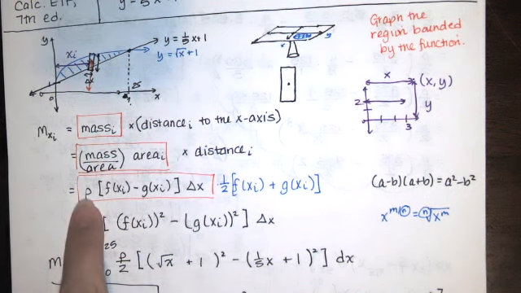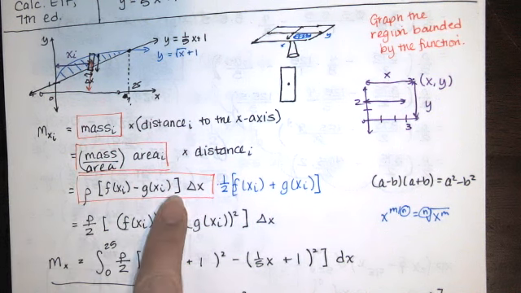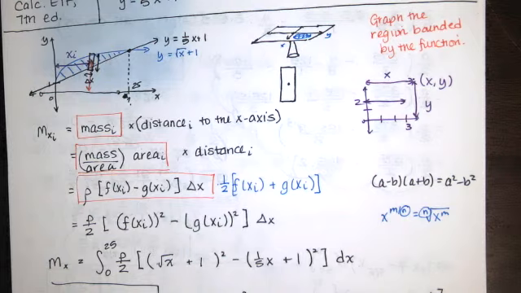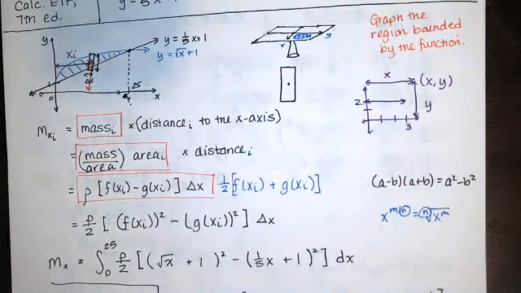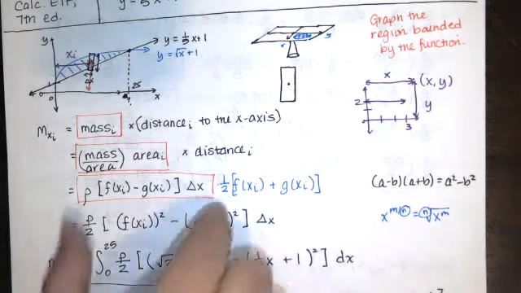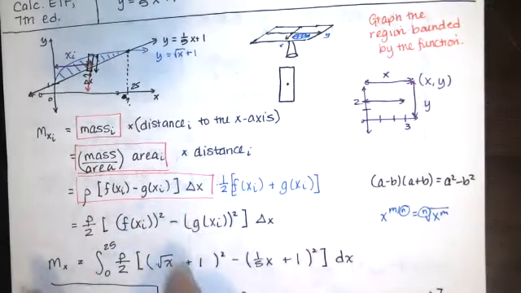So you just have this constant here. And then the area is found the same way that you would find the area of any rectangle. If the rectangles are vertical, you take the top function minus the bottom function and multiply by delta x. If they were horizontal, you'd multiply delta y by the right function minus the left function. You just find the area of that rectangle, and that's going to go there.